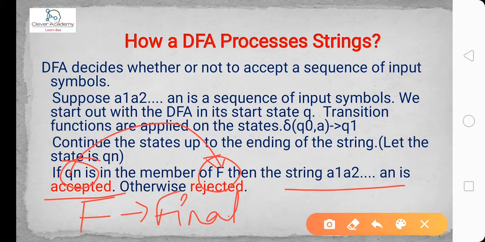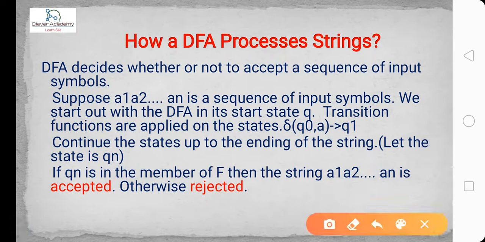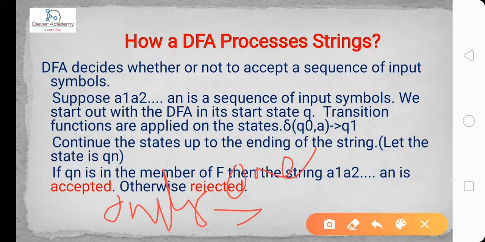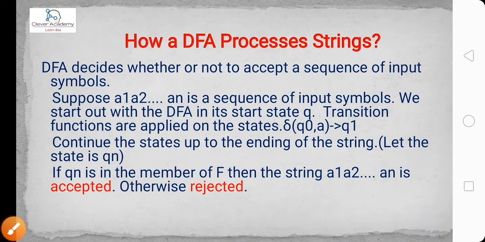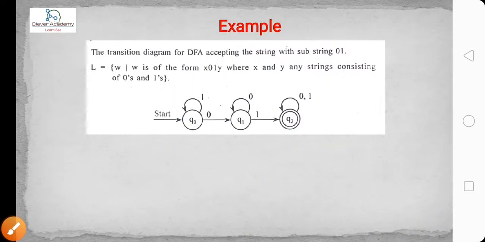We may have only one final state, or more than one final state. So whenever we have these kinds of cases, you need to indicate whether the particular string is accepted or not.